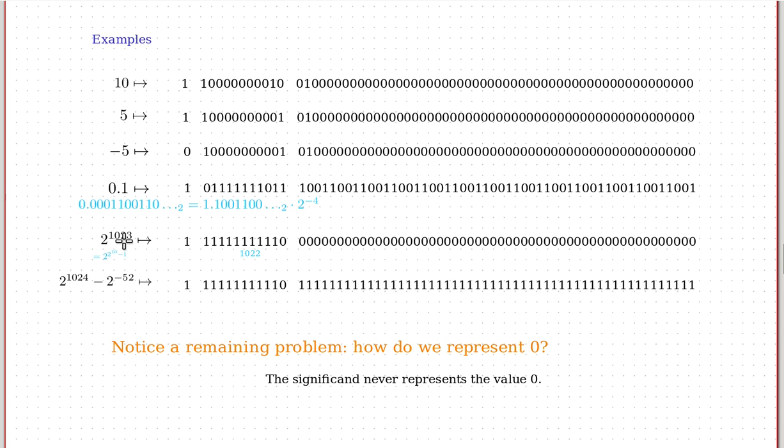Now, looking at some big numbers we can represent, the number 2 raised to the 1023 can be represented. Well, obviously the significand is 1 point all zeros, so the significand is all zeros. The power is 1023. Now, if you take 1023 and add 1023 to it, you get 2046.